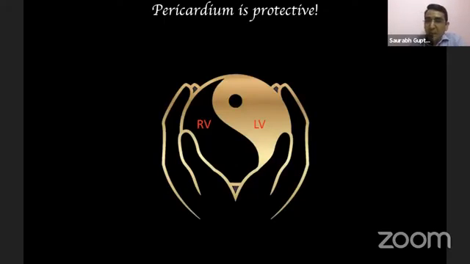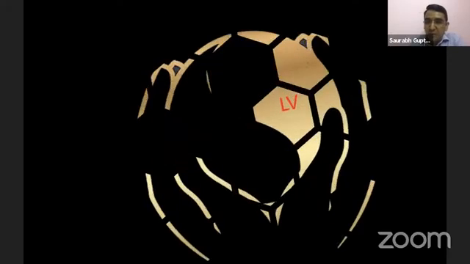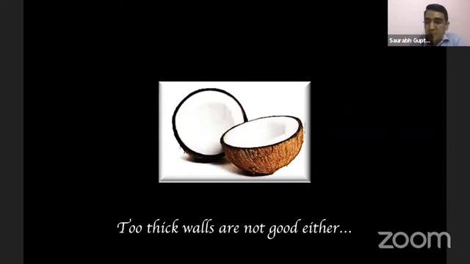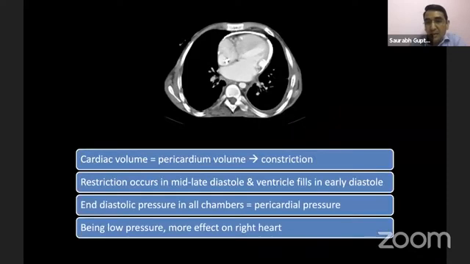Now, generally speaking, pericardium is protective, but if it becomes overprotective, we all know too thick walls are not good either. And what happens if the pericardial thickness increases? Then the cardiac volume determines how much the heart can move, how much the left ventricle can push the right ventricle, or vice versa.